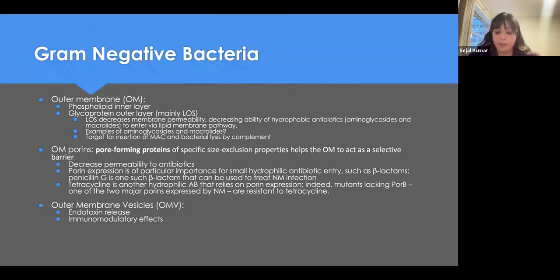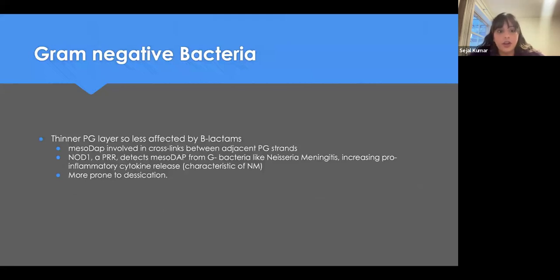And also the outer membrane can form outer membrane vesicles, which help with endotoxin release and have immunomodulatory effects. So another thing that I mentioned earlier was that gram-negative bacteria have a much thinner peptidoglycan cell wall layer, so they're much less affected by beta-lactams.